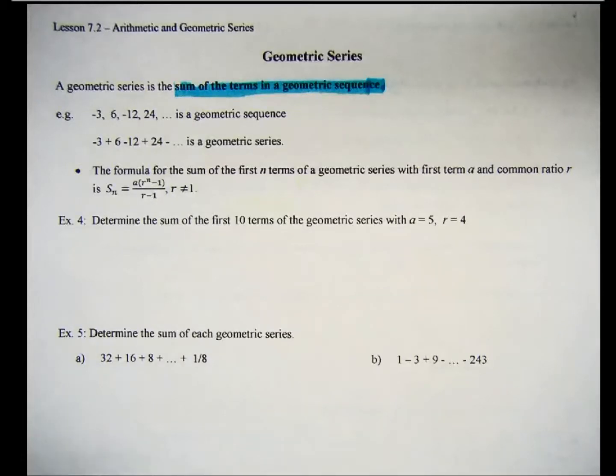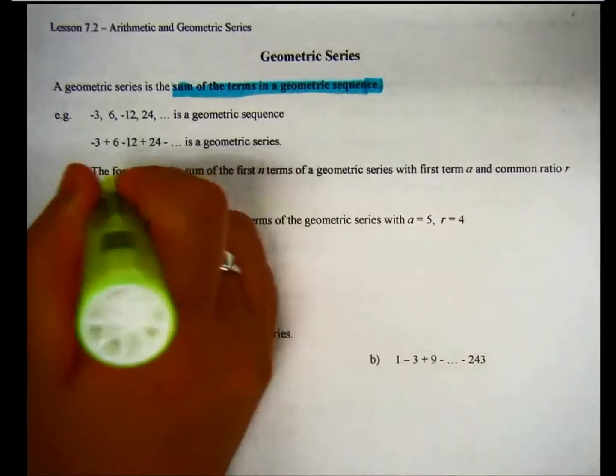If you add those numbers together, -3 plus 6 minus 12 plus 24, and so on, that gives you a geometric series. There's just one formula for the sum of the terms in a geometric series, and that is Sn equals a times (r to the power of n minus 1) divided by (r minus 1).